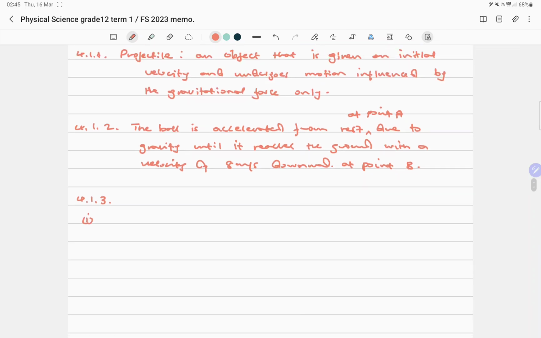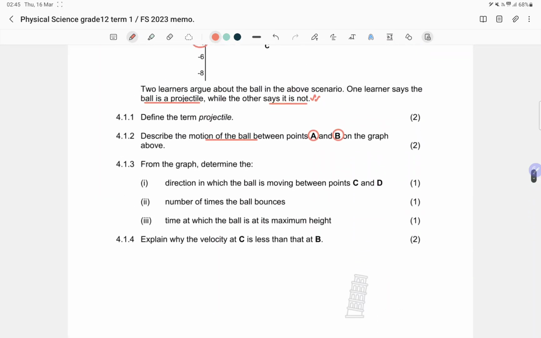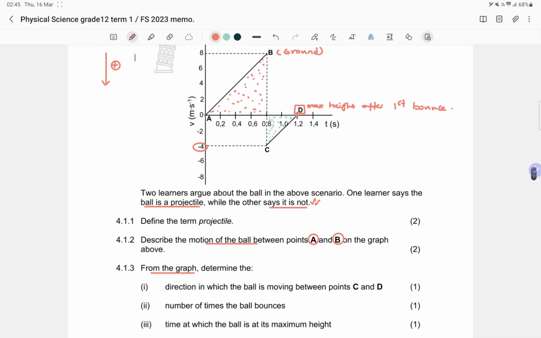Now 4.1.3. Okay, we've got Roman figure 1 there. It says determine, from the graph by the way, the direction in which the ball is moving between point C and D. This one is moving upward, isn't it? Because it reaches a maximum height when it gets the velocity of 0.